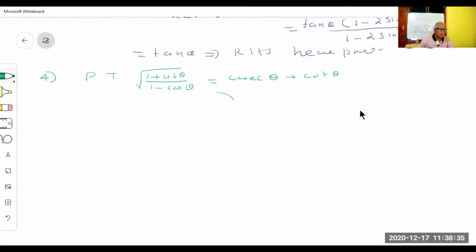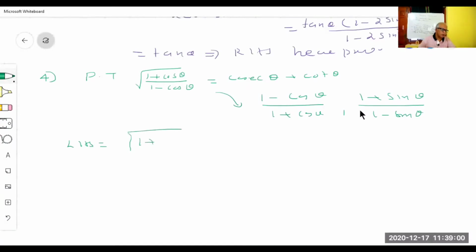See, just to explain to you, 1 minus cos theta by 1 plus cos theta also, or 1 plus sin theta divided by 1 minus sin theta, or 1 minus sin theta by 1 plus sin theta. All forms come the same way. So what is the LHS? LHS is equal to root of 1 plus cos theta by 1 minus cos theta.